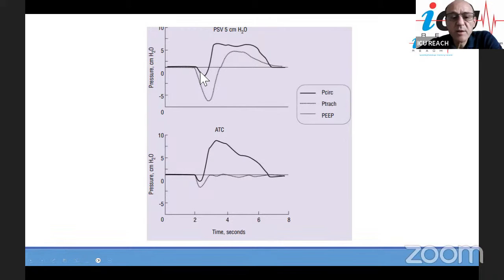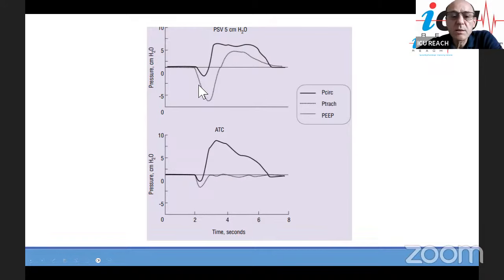So you can see here the breath is initiated. The patient drops the pressure here, and then the machine will be triggered, and the machine will give pressure support of 5 centimeters of water. So that will be fixed. It's not going to be variable, because you're setting that pressure on the ventilator throughout the inspiration. And once the machine is triggered, we have this pressure of 5 centimeters of water.